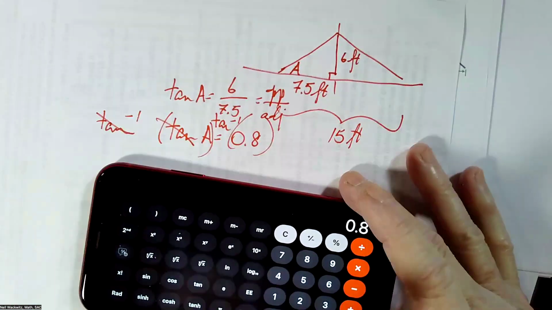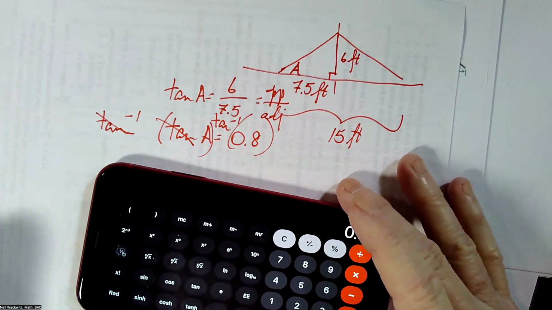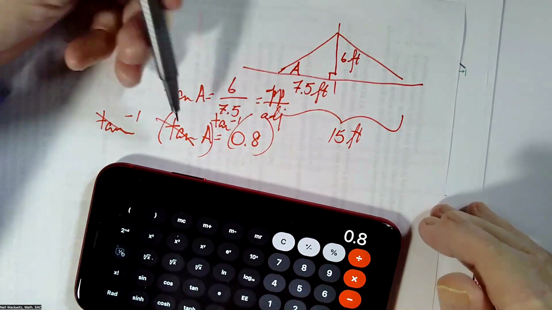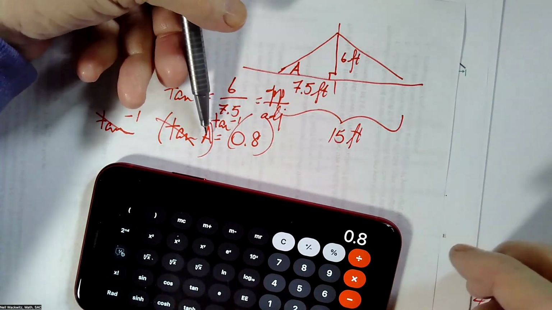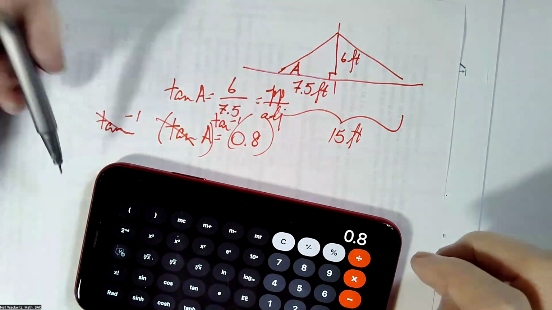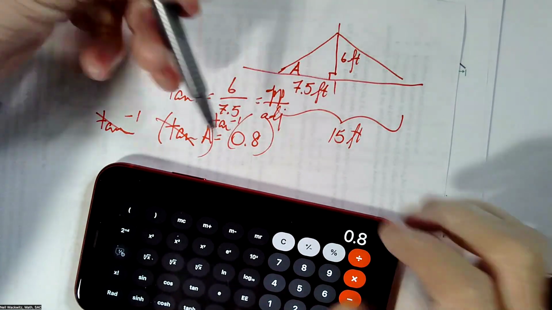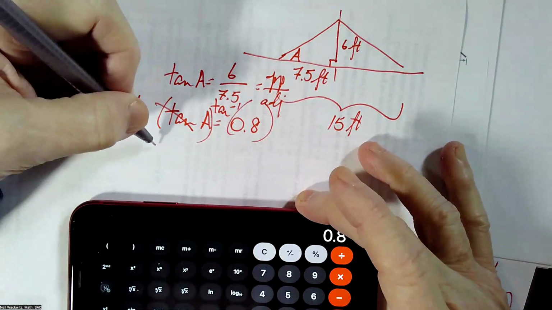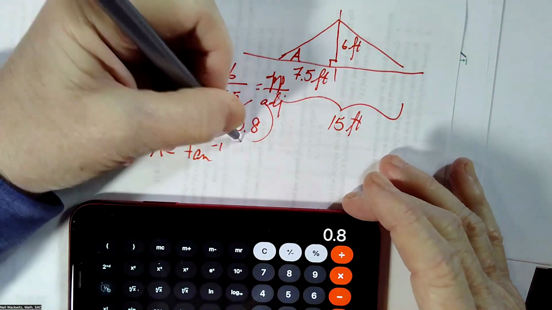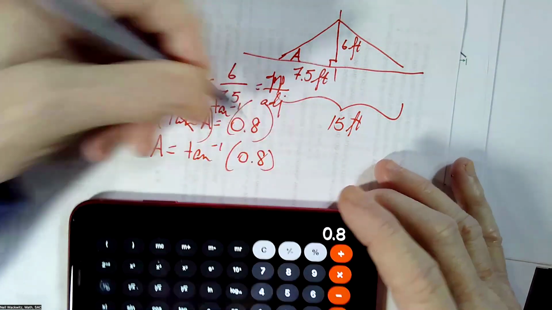All of the angles, everything we're doing right now is positive. We're not in a coordinate axis, so I don't have to worry about the domain of the angle A. It's a positive angle, so inverse tangent of tangent is going to be A. So I have A equals the inverse tangent of 0.8.